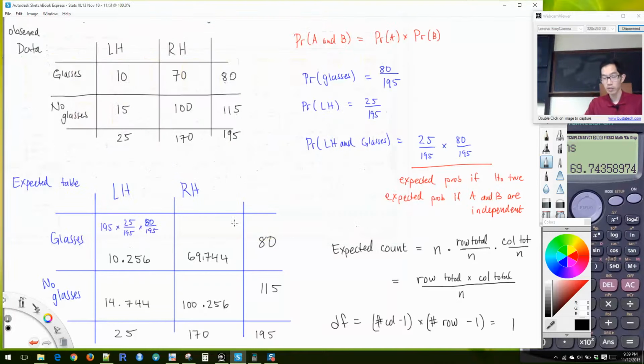Okay, so in our table, we have 1 degree of freedom, and we kind of see that in that as soon as one number was determined, the other numbers were kind of locked down. They had no freedom per se. If this is 10.256, this has no other choice than to be this number.